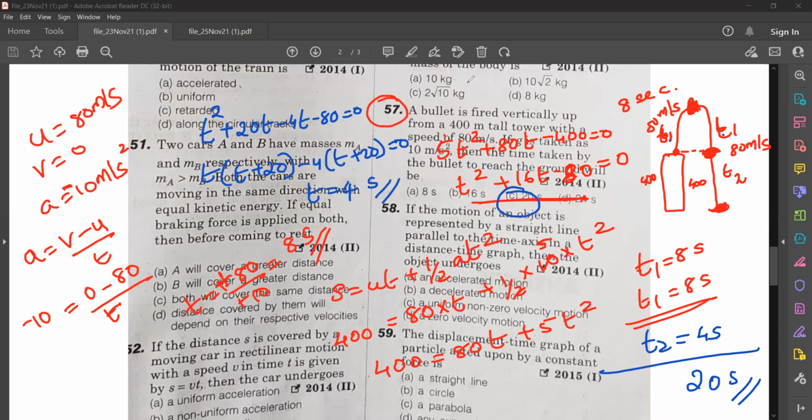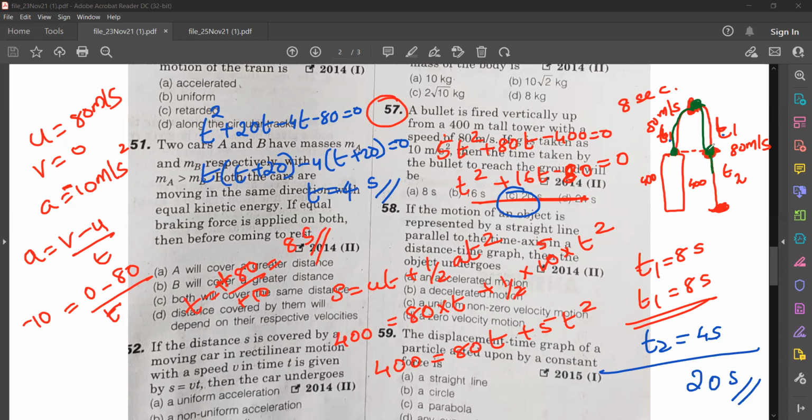Okay, so I'll just show this again. Don't get confused. What all things have we done? First we have drawn the figure. Going from here to here, I mark the time as T1. Then from here to here, I mark the time as T1 again.